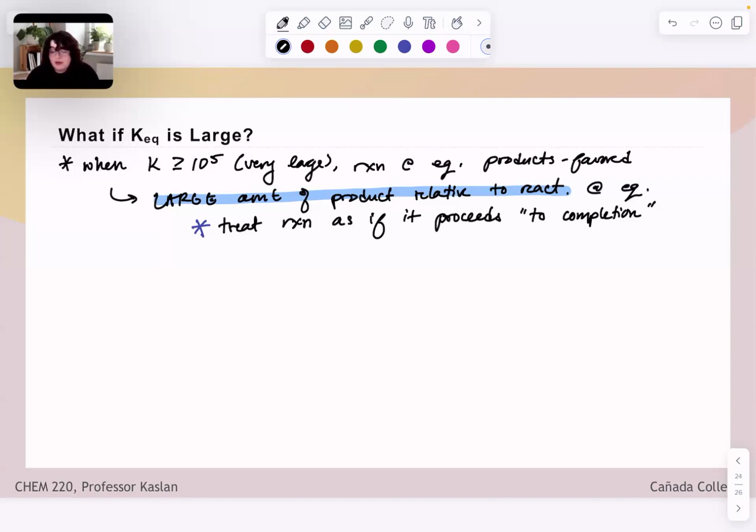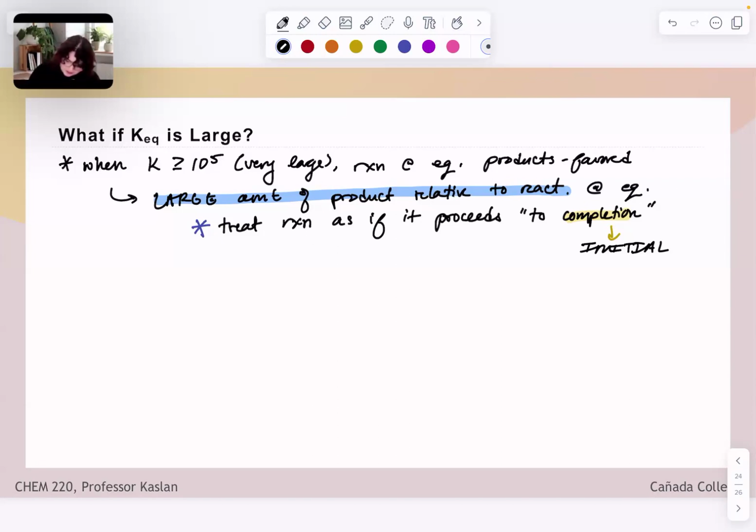However, we now know in Gen Chem 2 that there's really no such thing as the point at which a reaction stops. So we are going to treat the reaction as if it proceeds to completion, and this completion state is what we are going to call the initial conditions before we achieve equilibrium. Because once we've allowed in our mind conceptually for this reaction to fully complete, we now recognize that it's going to shift backward just a small amount to achieve equilibrium.